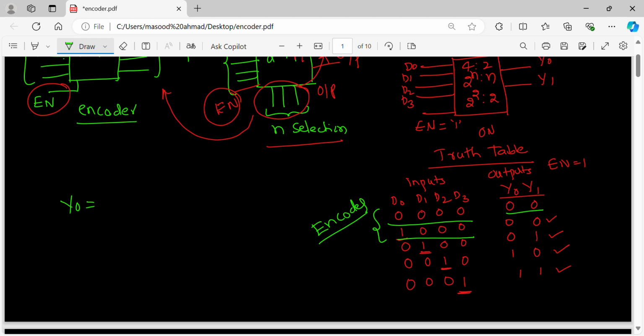Y0 is 1 when D2 is 1 and when D3 is 1. I can write it as a unique expression: D2 plus D3. And Y1 is 1 when D1 is 1 and D3 is 1. So Y1 is D1 plus D3.